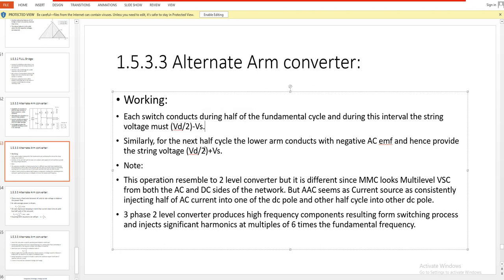Similarly, for the other half of the cycle, the lower arm conducts with negative AC EMF, and hence we are getting Vdc by 2 plus Vs, where Vs is the instantaneous voltage. Now you can see its operation basically resembles the two level converter, but it is different from that, since the switches are not in series, but there is a combination of full bridge modular multi-level converter with conventional converter.